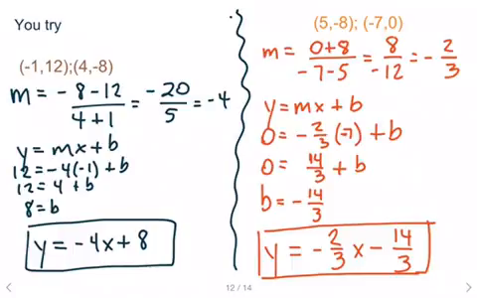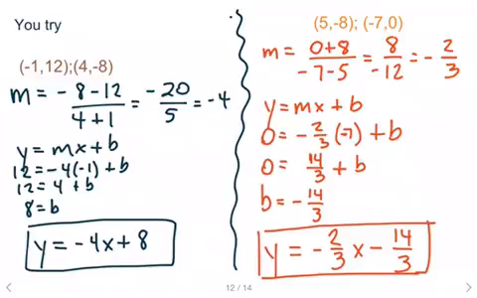We're going to take our -4, plug that into the equation for slope, and then we also take one of the two ordered pairs. If we go with the first one, we'd have 12 is equal to -4 times -1. Then we're going to subtract that 4 from 12, in which we get 8 for our y-intercept, and we plug that in, which gives us y is equal to -4x plus 8.